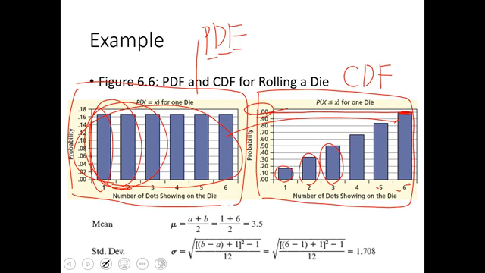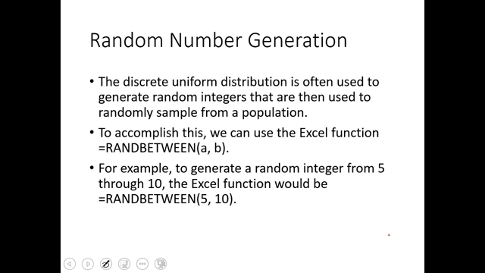Okay. So the mean is 3.5, and the standard deviation is the square root of ((b minus a plus 1) squared minus 1) over 12. So we obtained 1.708 as the standard deviation. Random number generation is very important when you do Monte Carlo simulation, but in this course, we will skip it.